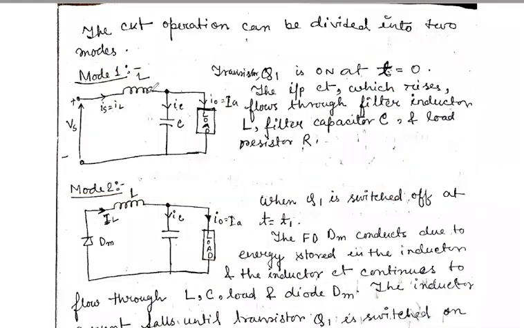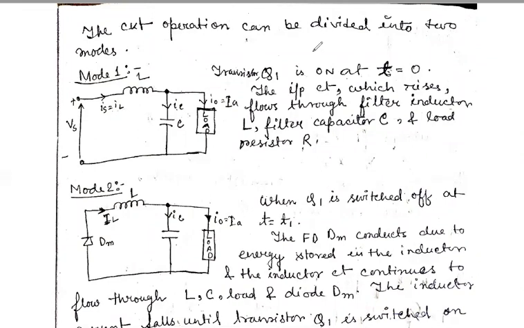This is very clear. The input current Is is nothing but IL. So the input current which flows through the filter inductor L rises. Simple. As the time increases, the current through the inductor also increases, and it flows through the filter inductor, filter capacitor, and the load resistance R.